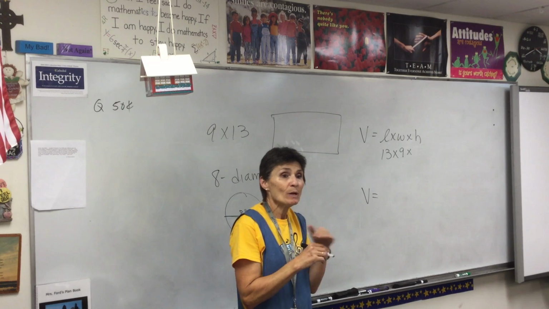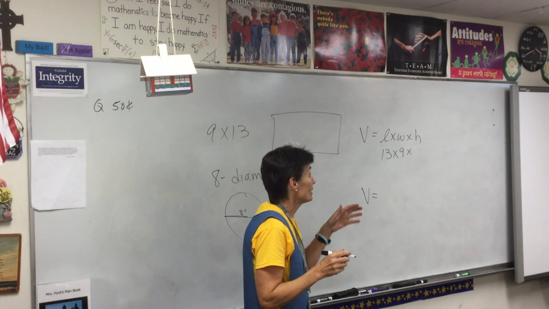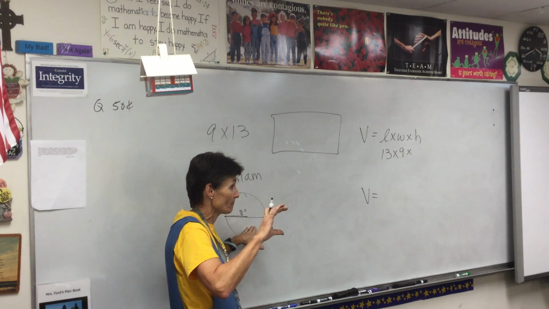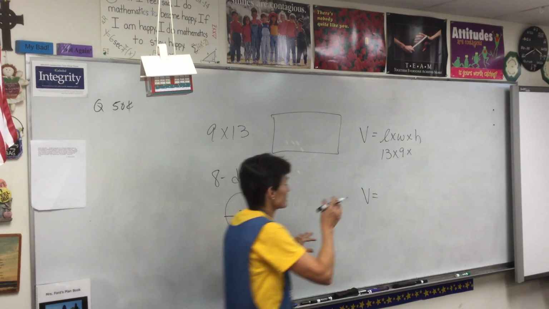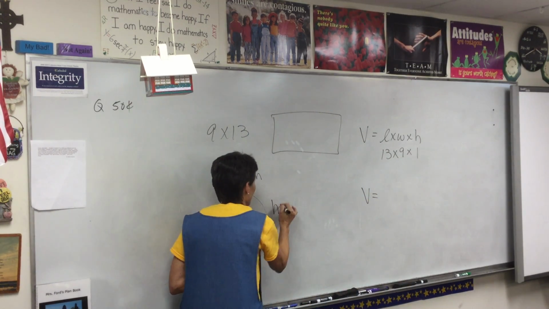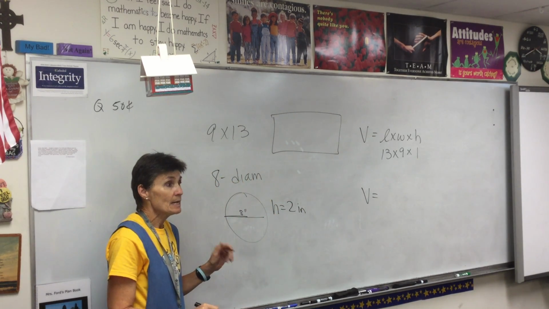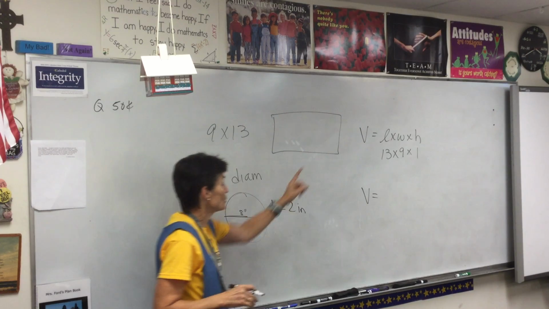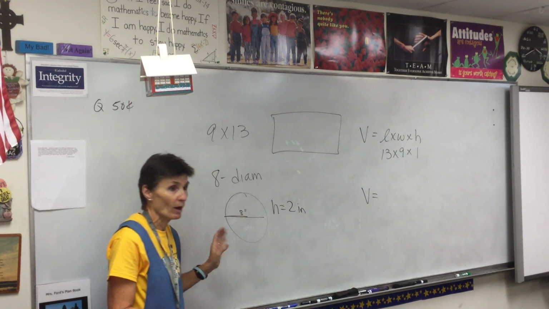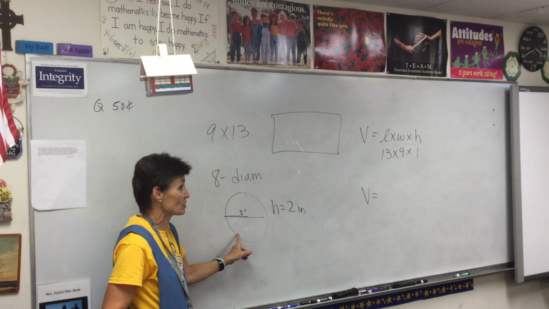No. In fact, we know nothing about how tall either one of them are, except this one is twice as tall as that one. This one's like 2 layers. So let's just let the height be an inch. Then for this one, the height is going to be 2 inches, right? Double that. If you don't like 1 and 2, you can use 2 and 4. You can use 6 and 12. I don't care what you use, just so that height is half of this one.